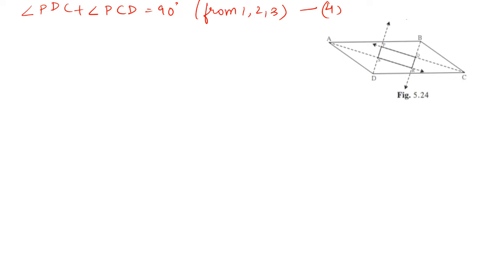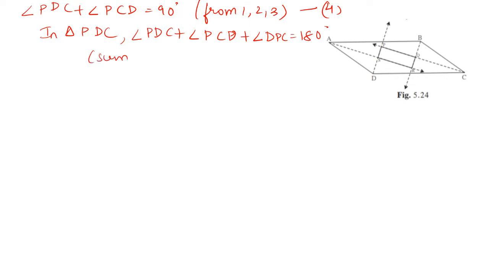So let's now take triangle PDC. We'll add the measures of all these angles, and that comes to 180 degrees, and then we'll substitute. It gives us angle PDC plus angle PCD plus angle DPC is equal to 180 degrees.